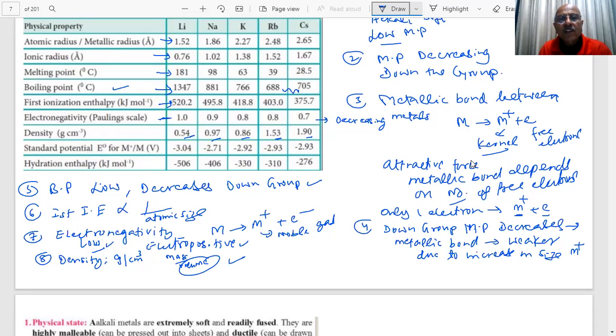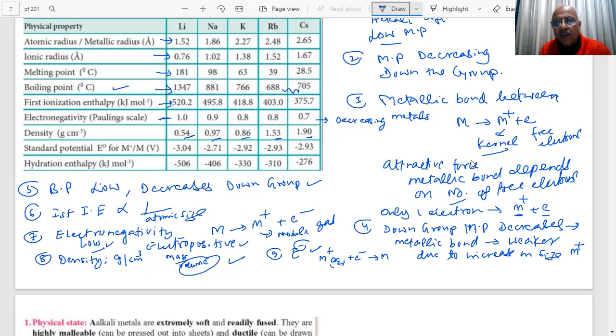So as you can see, as compared to other transition and other metals, what we are showing further, ninth, standard enthalpies. What do you mean by standard enthalpy value, students? Their values are very negative. What it means? M plus aqueous plus an electron.